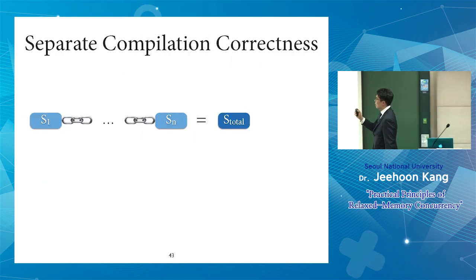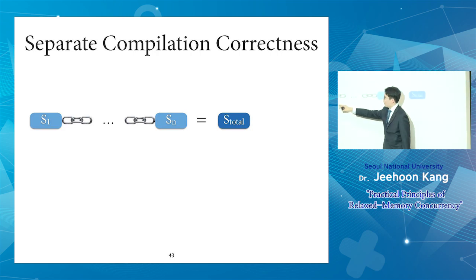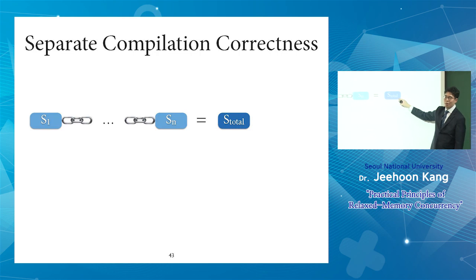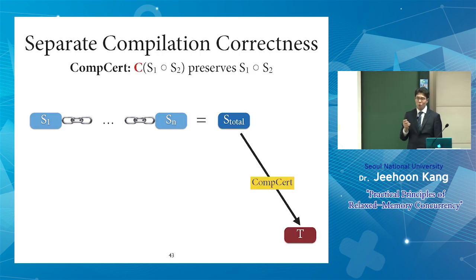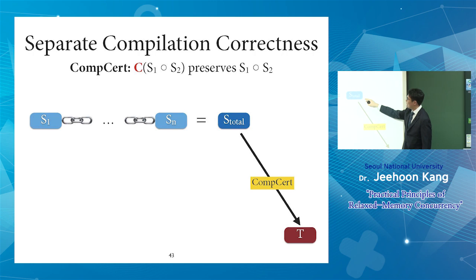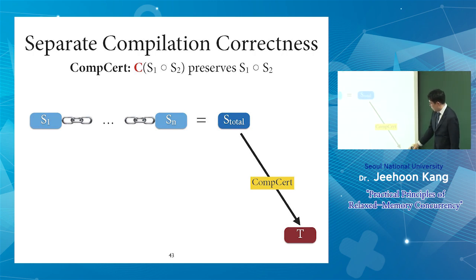Suppose that there are n modules here, S1 through Sn. And let's say that S total is the total program, that is the linking of all the partial programs. Now, what has been verified for CompCert is that if you compile this S total to get a T, then T is preserving the semantics of S total.